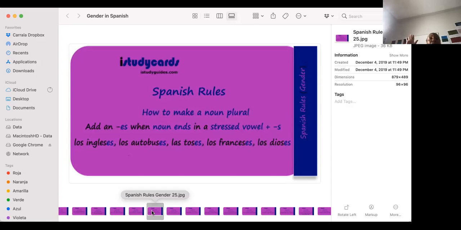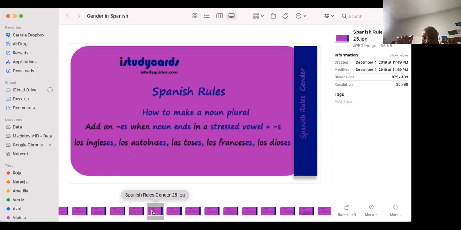Oh, I'm wrong. I said to myself, why didn't I put accents on these? Because I know my accents. The minute you add the ES, the accent changes. Let me give you an example.